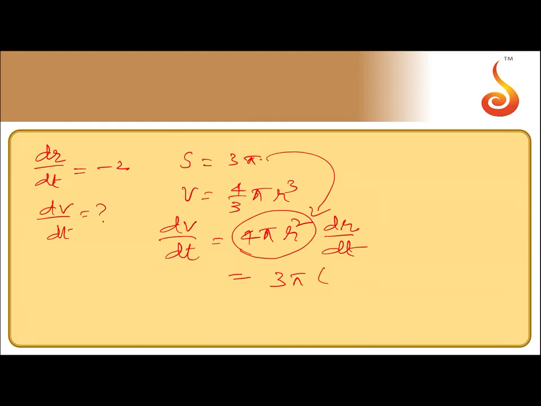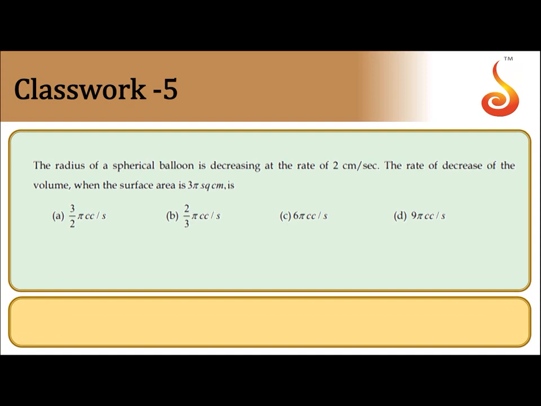So you get 3π multiplied by -2, therefore -6π. It means the volume is decreasing at the rate of 6π. So the answer is 6π cc per second. Answer is C.